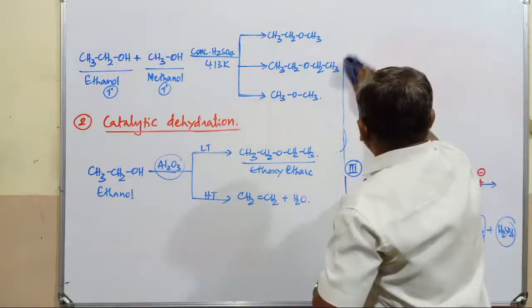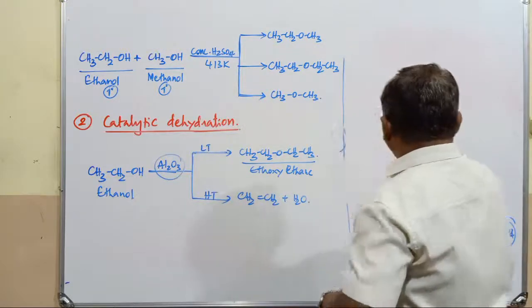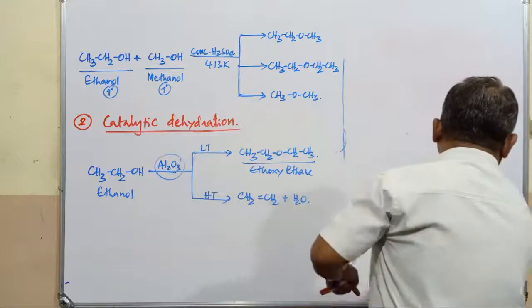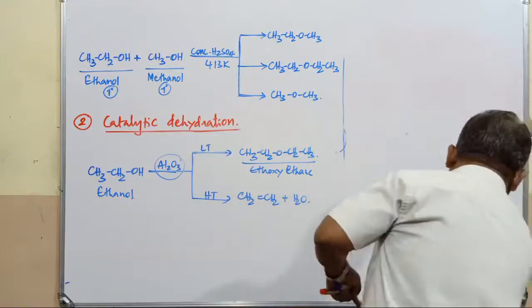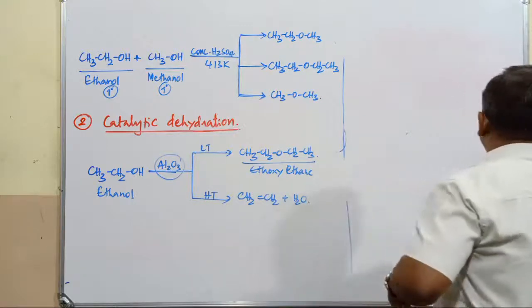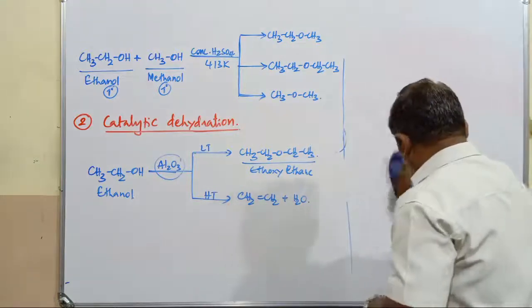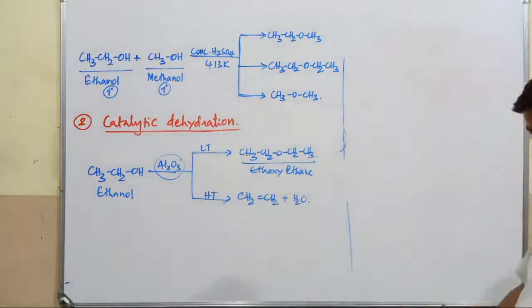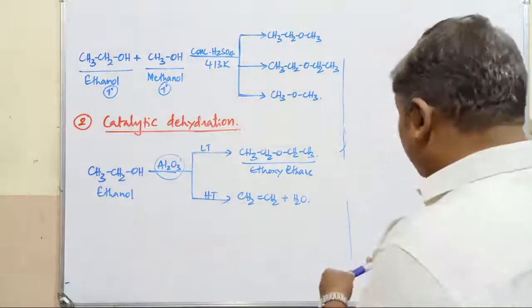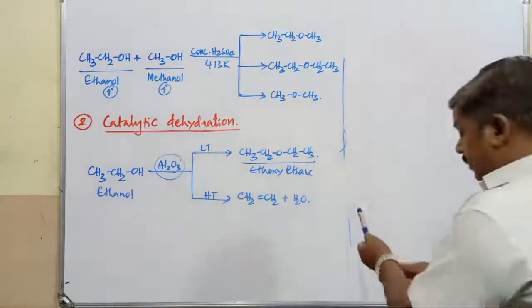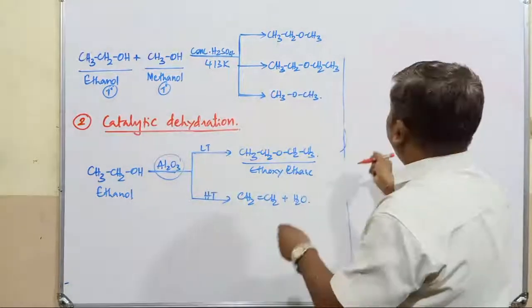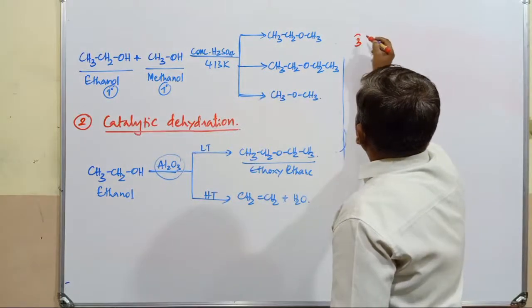So this is about the dehydration of alcohols, which gives rise to ether compounds. Remember, it follows the SN2 mechanism. Temperature should be low, otherwise it gives rise to an alkene.